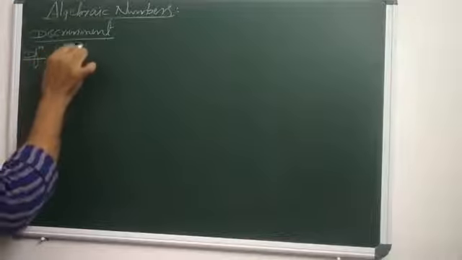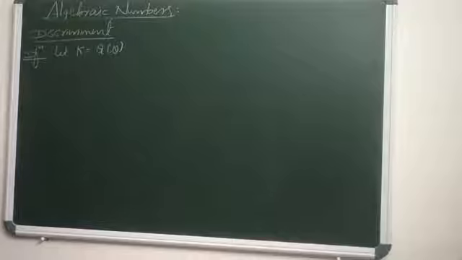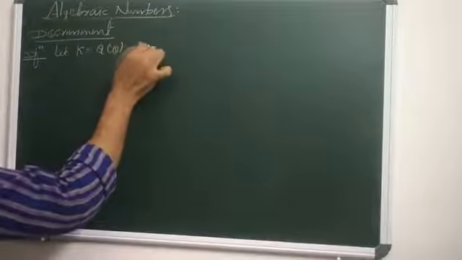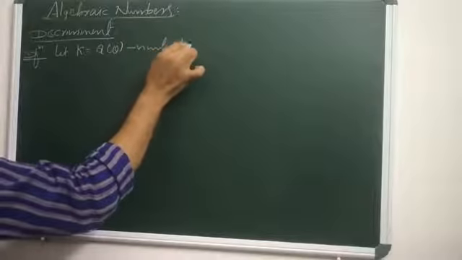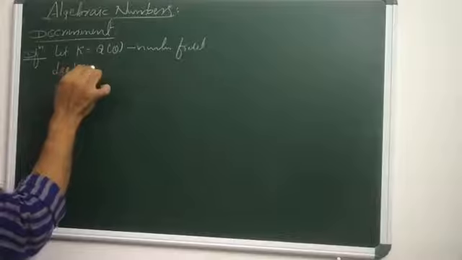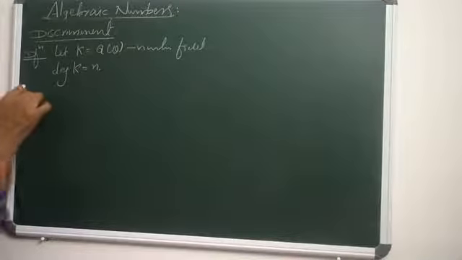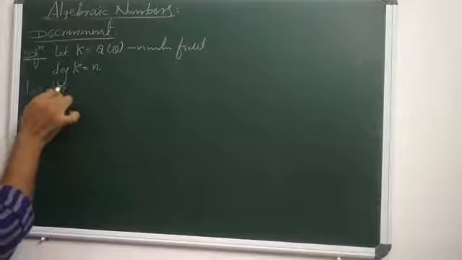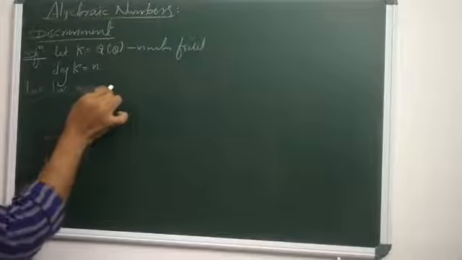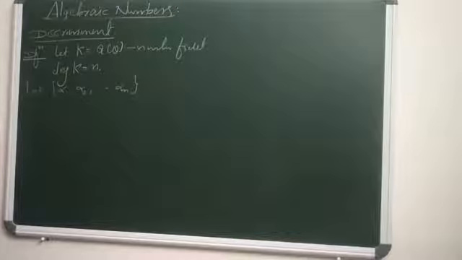Let K equals Q theta be a number field. What is the degree? The degree of K equals n. Let alpha 1, alpha 2, etc., alpha n be a basis of K.